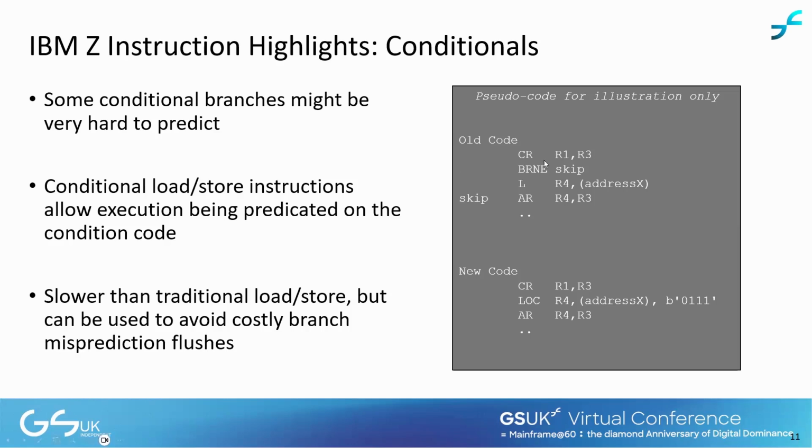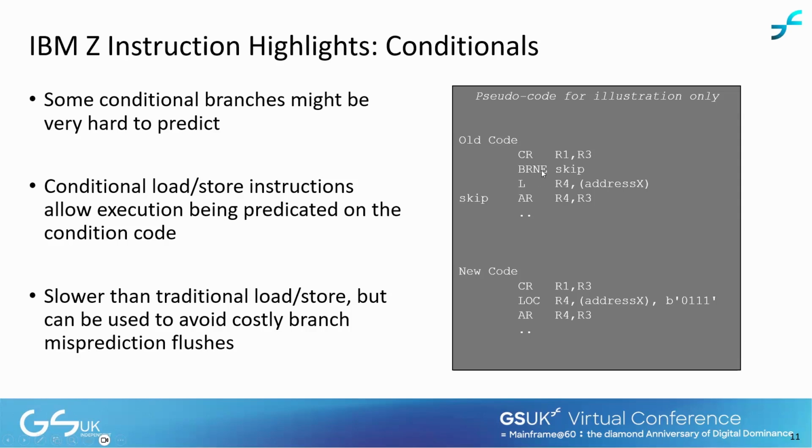So here's the pseudocode example over here, and again, I'm giving you ideas of what you can do to optimize your code, what is available in the architecture to facilitate this kind of stuff. So you can replace your difficult to predict conditional branch with this load on condition.